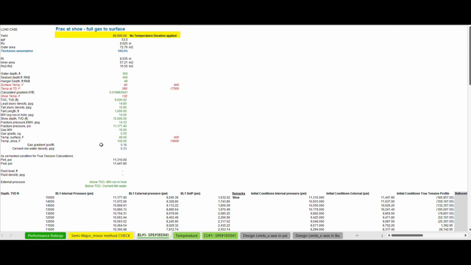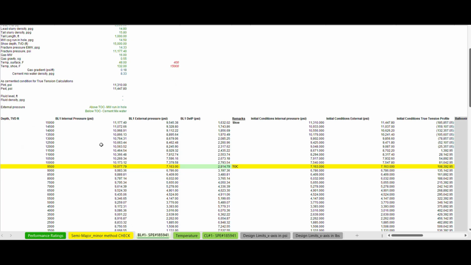We calculated the initial conditions tension profile. We calculated the resulting ballooning due to the different pressure profile of the load case, frac at the shoe minus the full gas load case, and then we calculated the differential pressures and the tension profile.